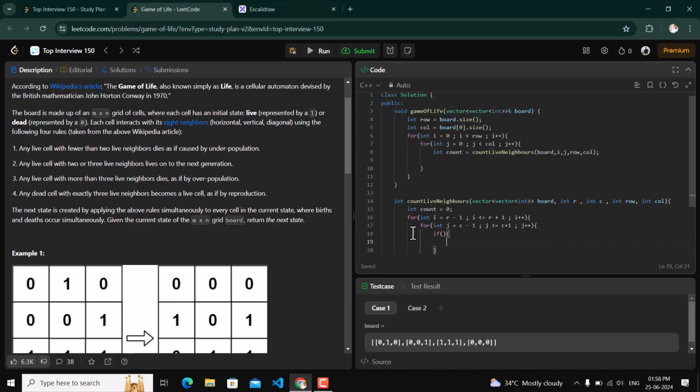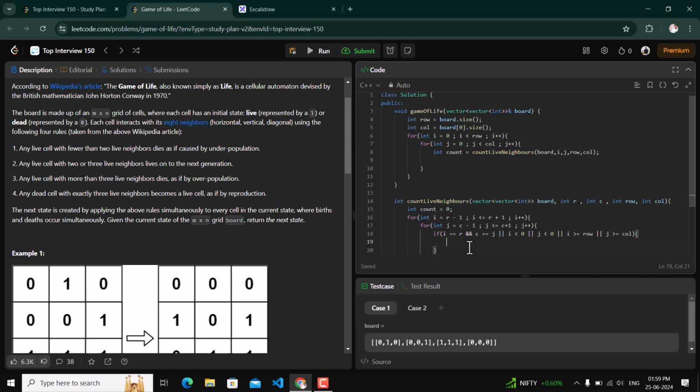We have to exclude this because we are calculating neighbors. So first of all, we will check if i is equal to r and j is equal to c, if this is the cell, or i is less than 0, or j is less than 0, or i is greater than or equal to row, or j is greater than or equal to column.